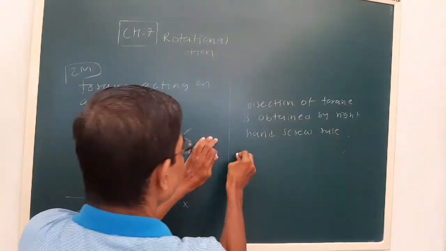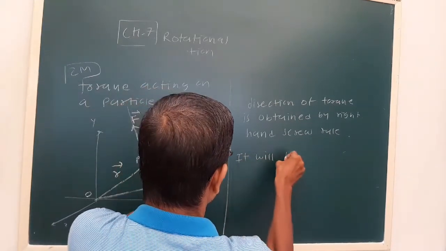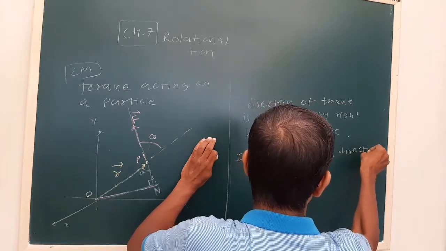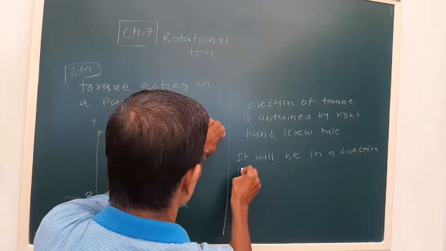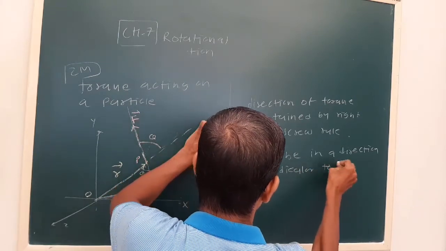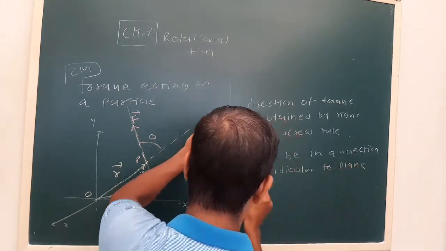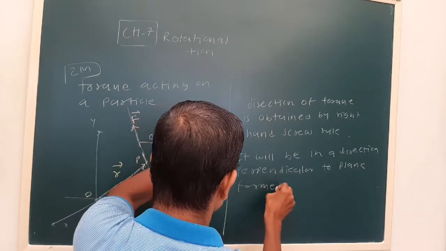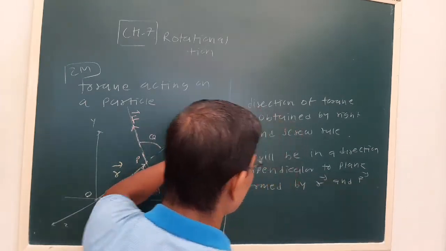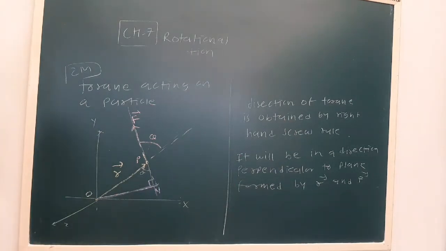It will be in a direction perpendicular to the plane formed by R and F.